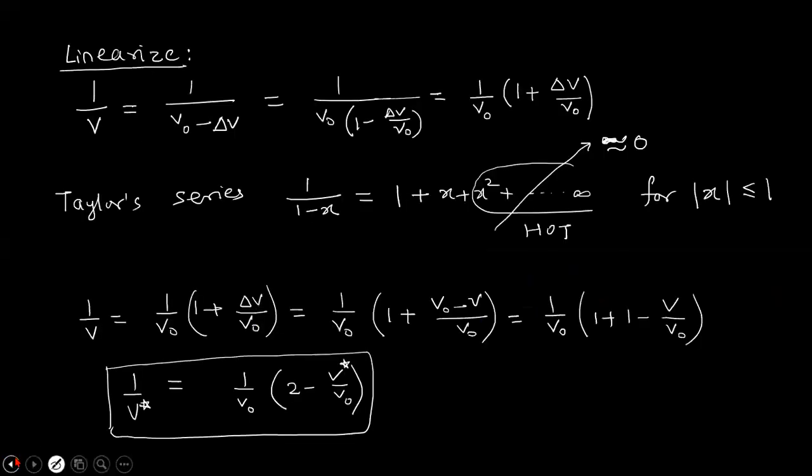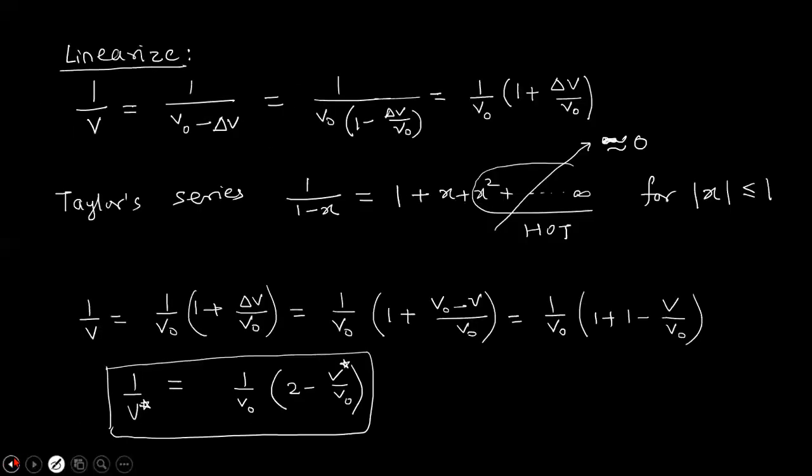So this becomes 1 by V naught times 2 minus VK star divided by V naught.